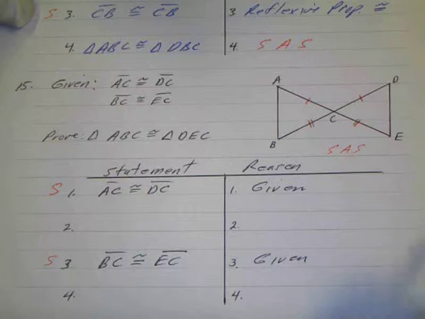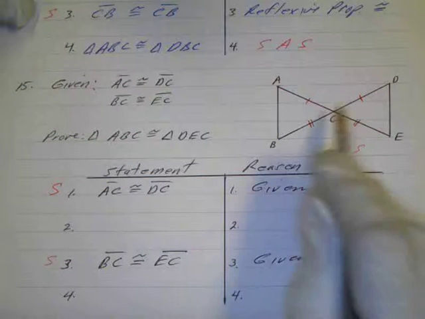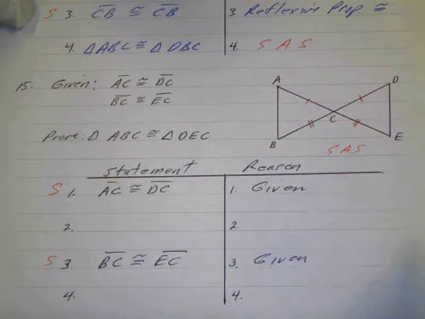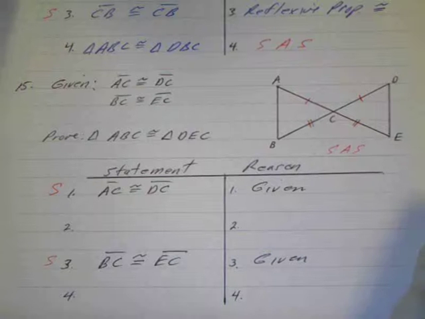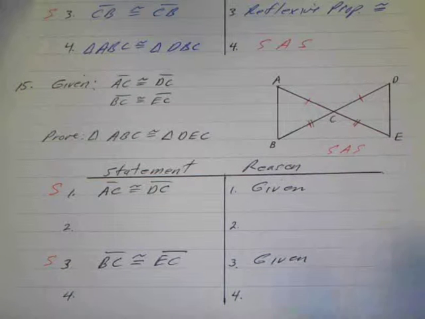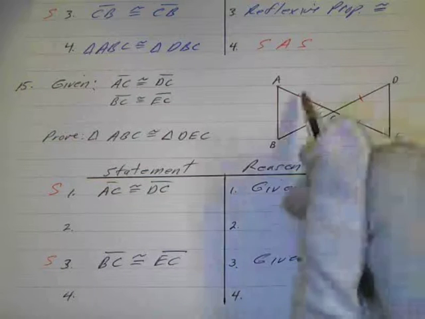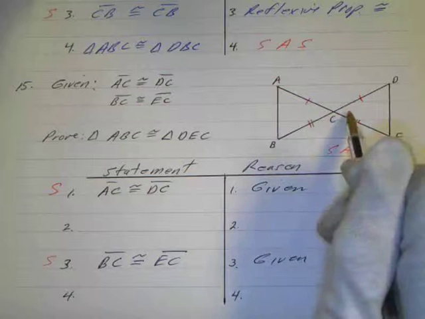Okay? So now I don't have any other information that's given, so I have to get an angle. So I have to do that by observation. And one of the most valuable ways we can get angles by observation is when we have vertical angles. And these angles are vertical angles.